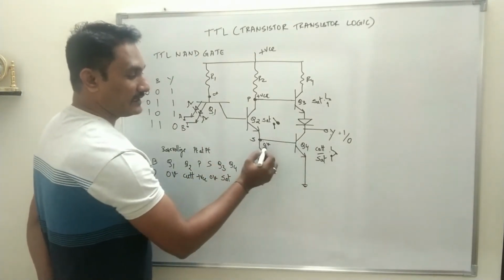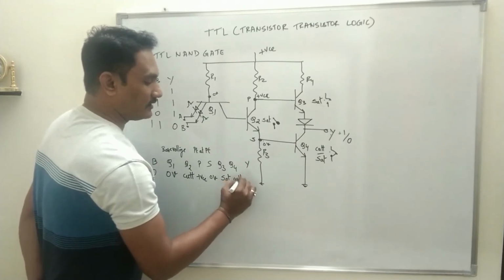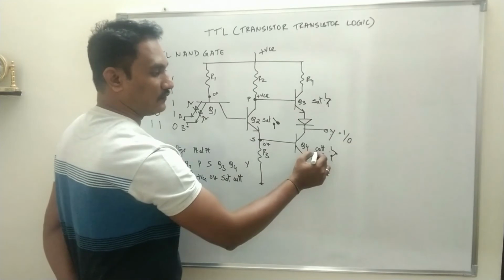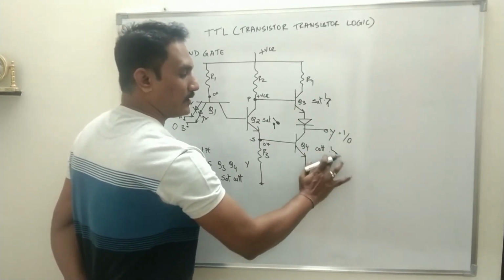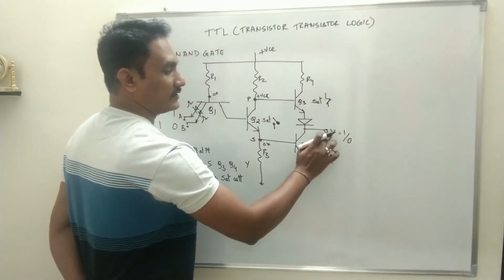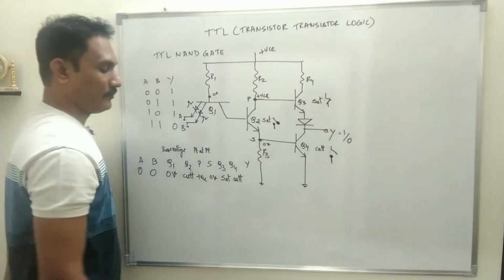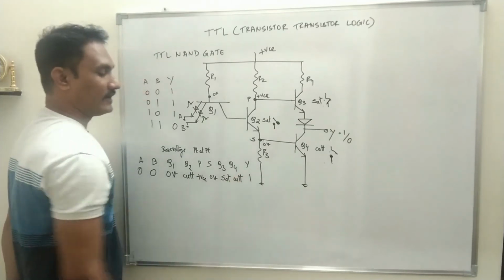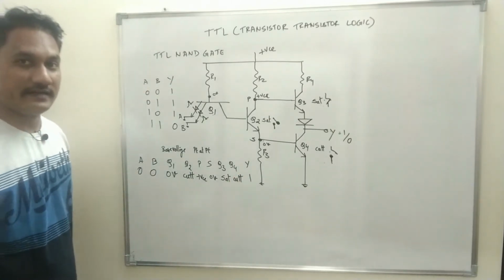And Q4, what does it get? 0 volt. So the transistor will be in cutoff region. And if such a polarity is there, Q3 is on, Q4 is off, it is open. So by default what you can see is Y gets connected to positive supply. So Y gets connected to positive supply, that means Y will be equal to 1 in digital terms.